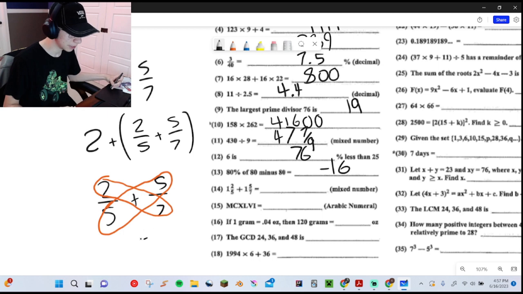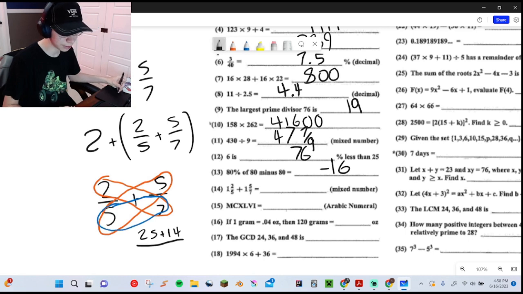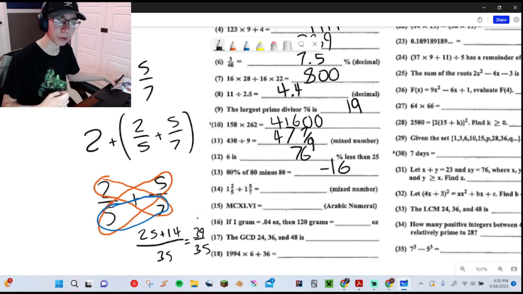So that's going to get me 25 plus 14 over the product of this cross, the denominators. So that's 35. So this comes out to 39 over 35, which is improper, so we gotta take out that 1.